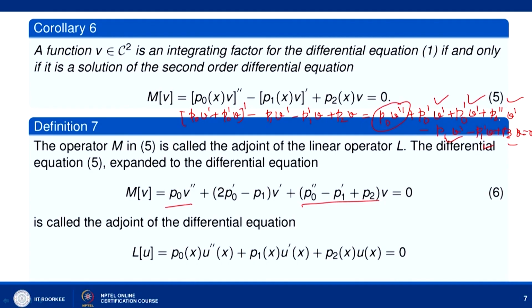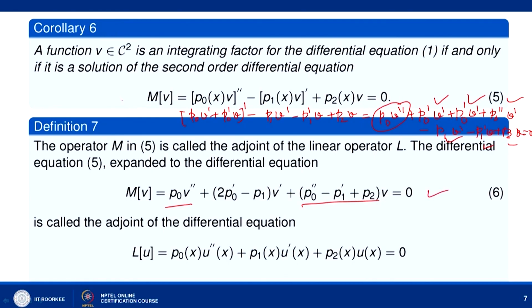So by collecting this, we get the term p0 double dash minus p1 dash plus p2 v equal to 0. So we say that the operator M in this equation 5 is called the adjoint of the linear operator L, the differential equation 5 expanded into the differential equation this.